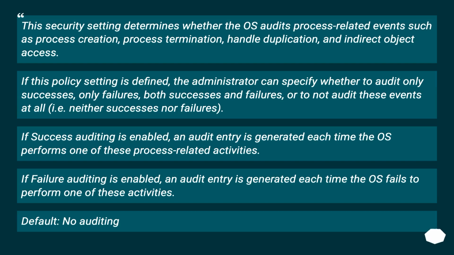If this policy setting is defined, the administrator can specify whether to audit only successes, only failures, both successes and failures, or to not audit these events at all, i.e. neither successes nor failures. If success auditing is enabled, an audit entry is generated each time the OS performs one of these process-related activities. If failure auditing is enabled, an audit entry is generated each time the OS fails to perform one of these activities. Default: no auditing.